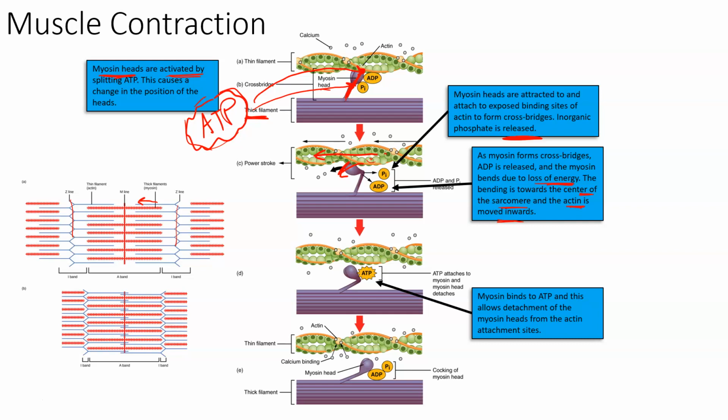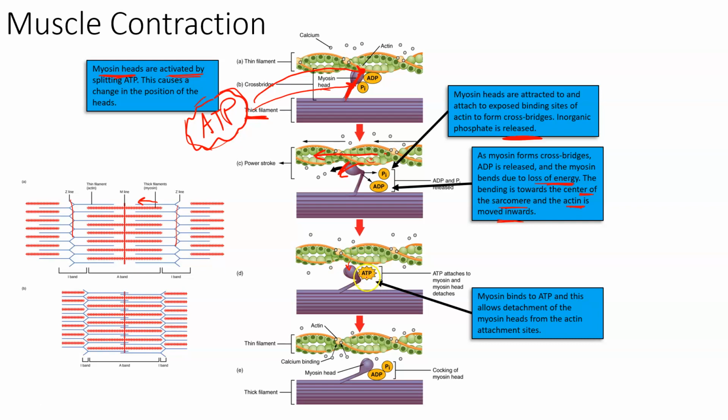When you contract a muscle, the muscle fiber actually gets shorter, meaning if you want to bend your arm, you have to contract the muscle that causes the lower arm to get pulled towards your upper arm, and it causes it to bend. That would be the bicep. Okay, then myosin binds to ATP, and so now it's going to detach from actin, no longer attached to these myosin binding sites.